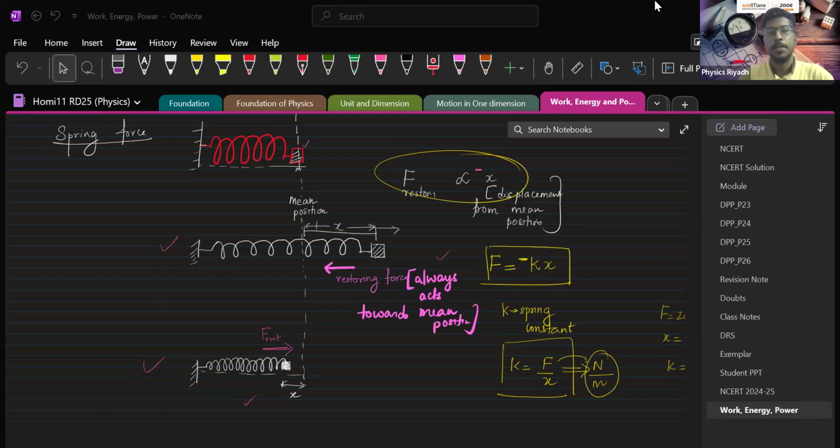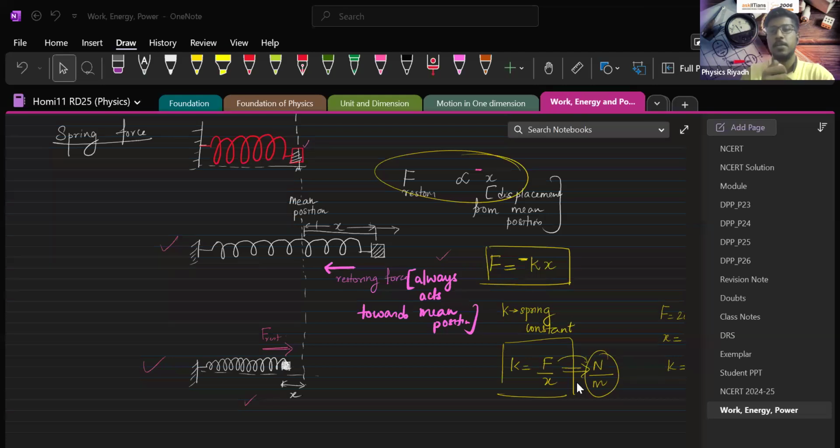We'll calculate it. But now when you stretch it, a restoring force develops inside the spring, trying to bring it back to its mean position. Or when you compress it, reducing its length, moving again away from its mean position, the restoring force will again try to bring it back. So the restoring force is always proportional to the displacement, and the restoring force is opposite to the direction of displacement.